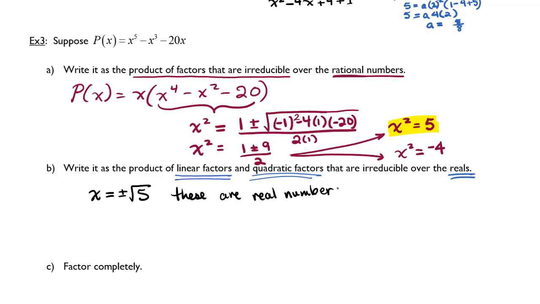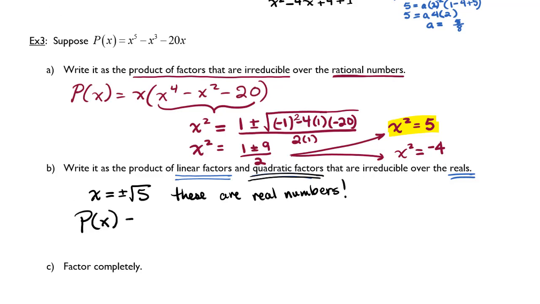This is a real number. They're just not rational numbers because I can't write plus or minus the square root of 5 as a fraction or a whole number. And it says and quadratic factors, meaning this x squared equals -4 will not give me real solutions. So I need to leave it in a quadratic format.